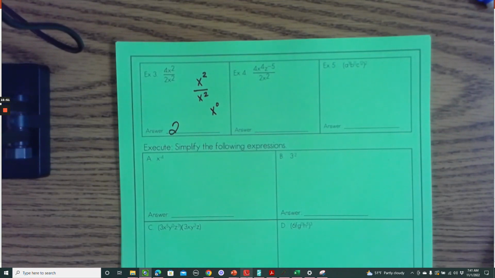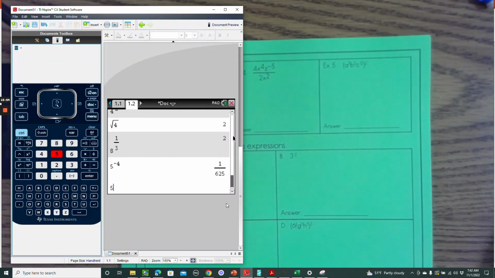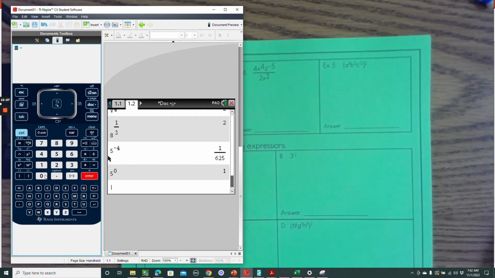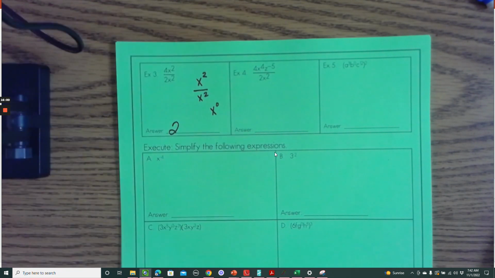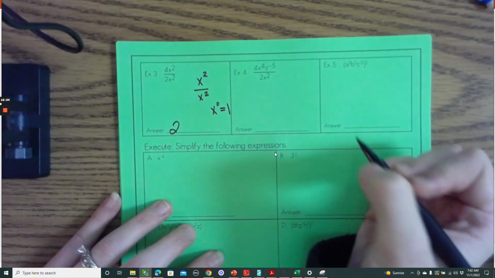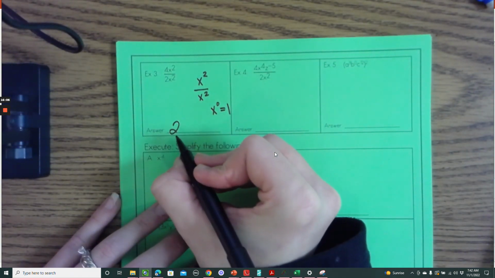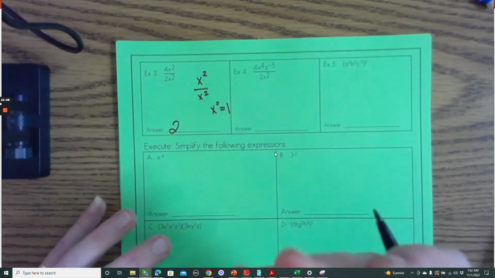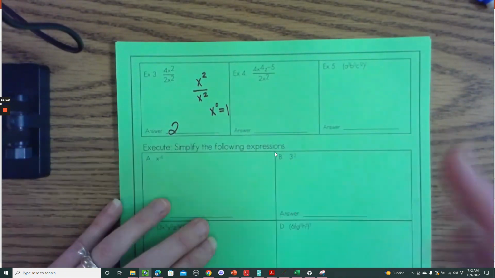Anything raised to a 0 power, so I'm just going to do a 5 here. 5 to the 0 power leaves me with a 1. So that's the 0 rule. Anything raised to a power of 0 equals a 1. I don't need to write 2 times 1. It will still simplify down to 2.